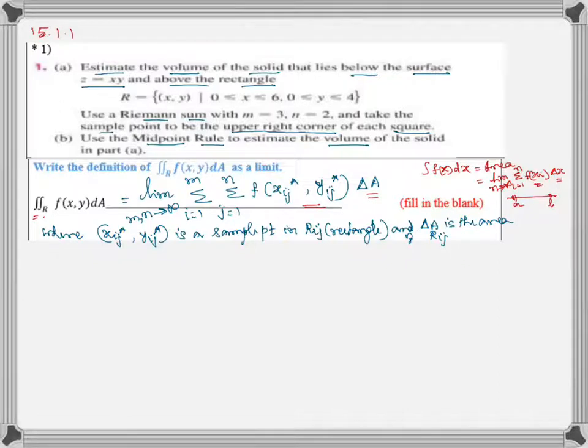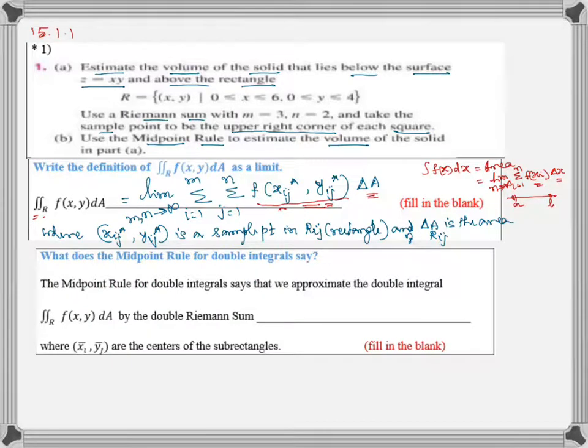Same thing can be done with the help of a midpoint. Here we use any sample point in the rectangle Rij, but we can use the midpoint also. What is the midpoint rule for double integrals, say? The midpoint rule for double integrals says that we approximate the double integral over R of f of xy dA by the double Riemann sum, kind of similar to the above.